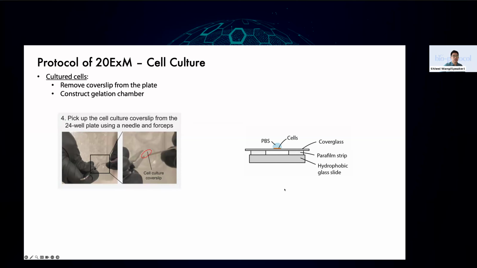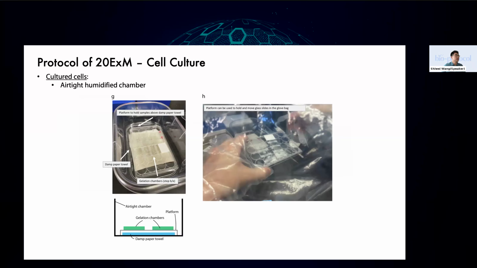Once you've constructed the gelation chamber, you can place it in an airtight container. Here we usually just use an airtight lunchbox that's exclusive for the lab. You put a damp paper towel at the bottom, and I usually use the lid of the 24 well plate as the platform on top of the damp towel, and place your gelation chamber on the hydrophobic glass slides on top.